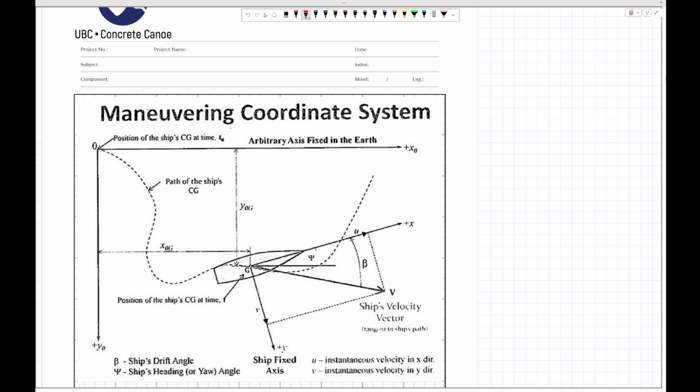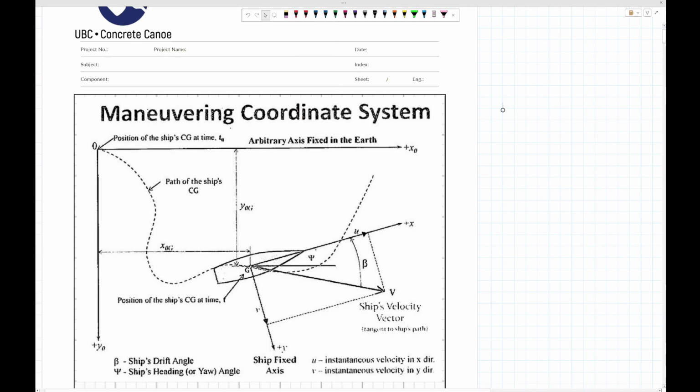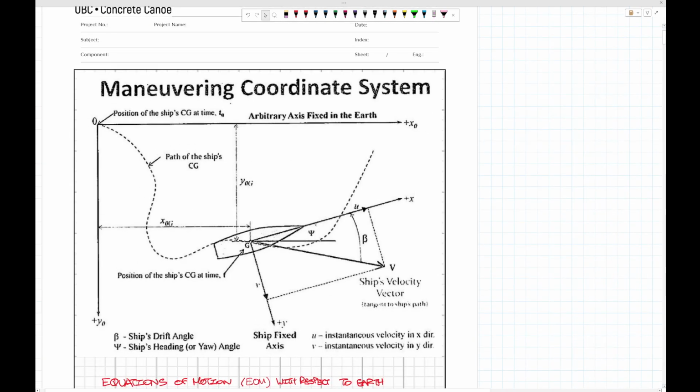So basically, the first thing that we are going to talk about is the equations of motion with respect to Earth. Here we have a great diagram that shows the coordinate system with respect to Earth and with respect to the boat.